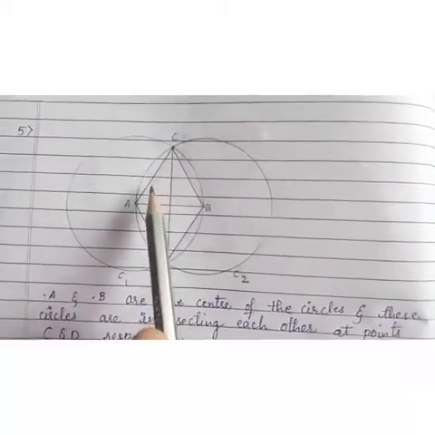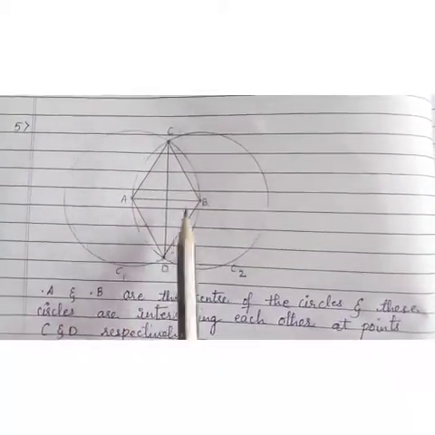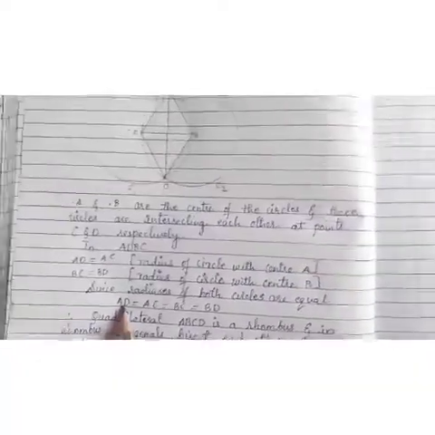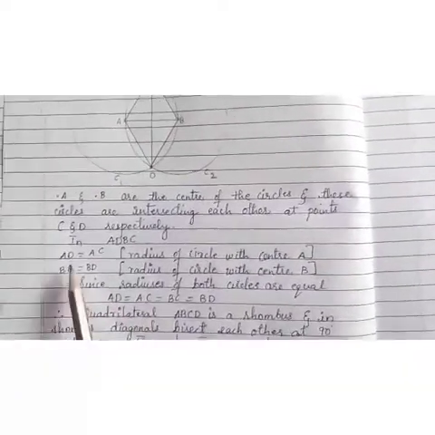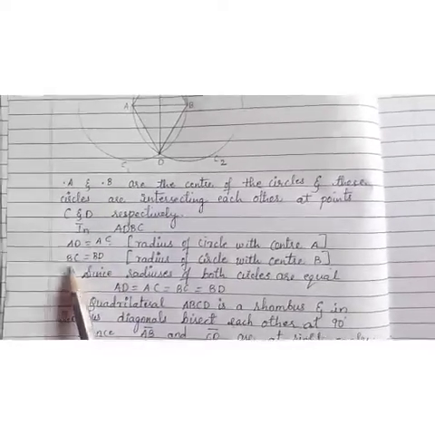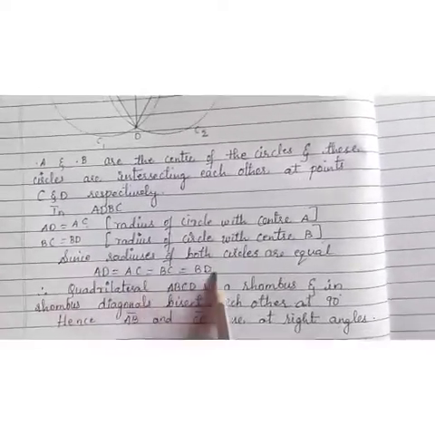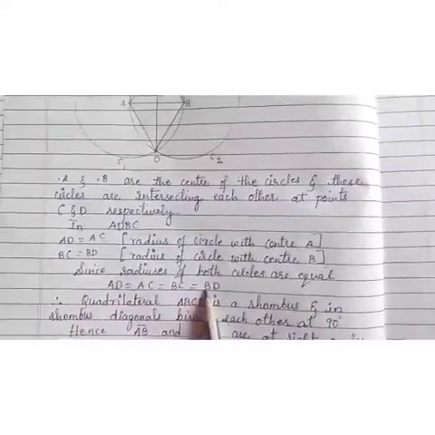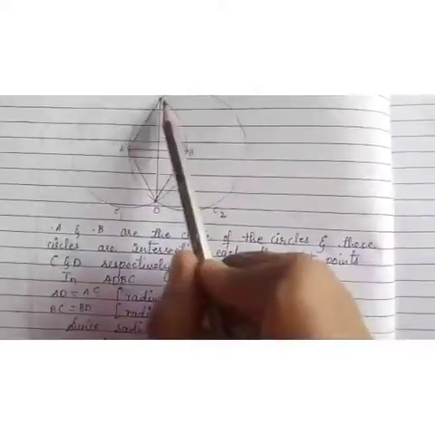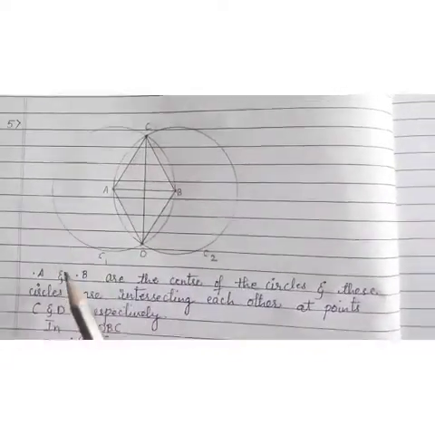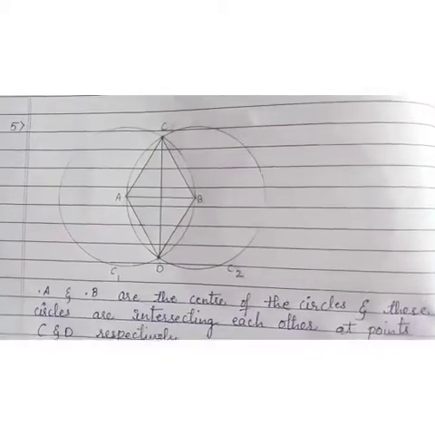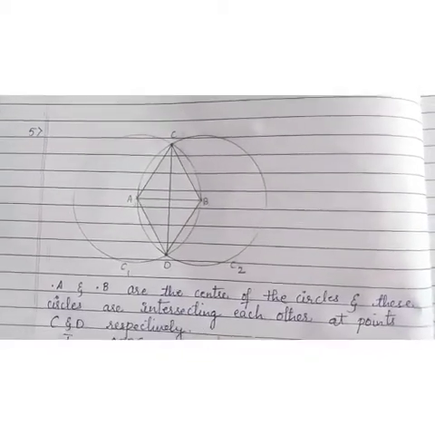Now when the radii of the two circles are the same, we can write AD is equal to AC is equal to BC is equal to BD. Now when all these four radii are equal in length, the quadrilateral formed here will be a rhombus. And what are the properties of a rhombus?